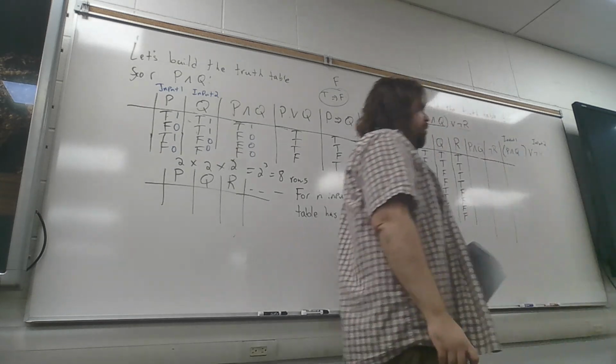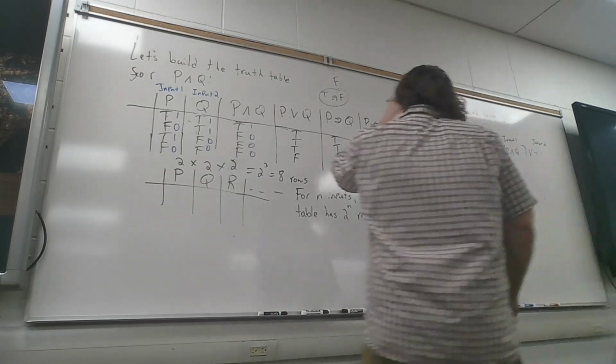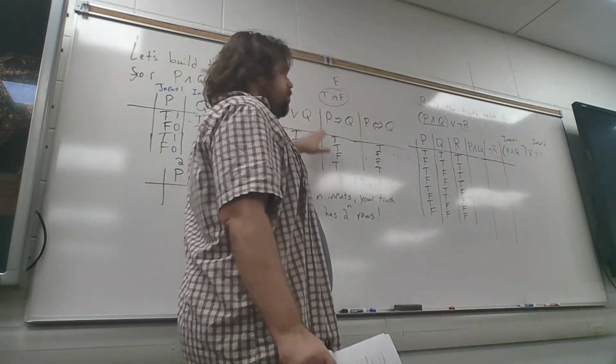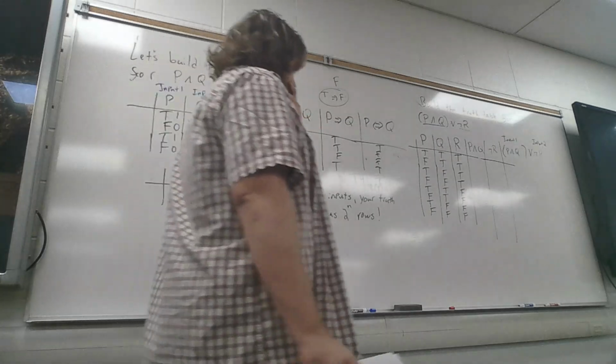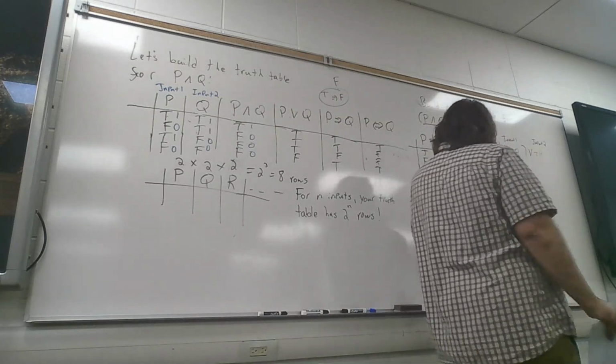So once we know input 1 and input 2, then we just take the or of them, right? We just look at this and say input 1 or input 2. This tells us what to do depending on what those inputs are.